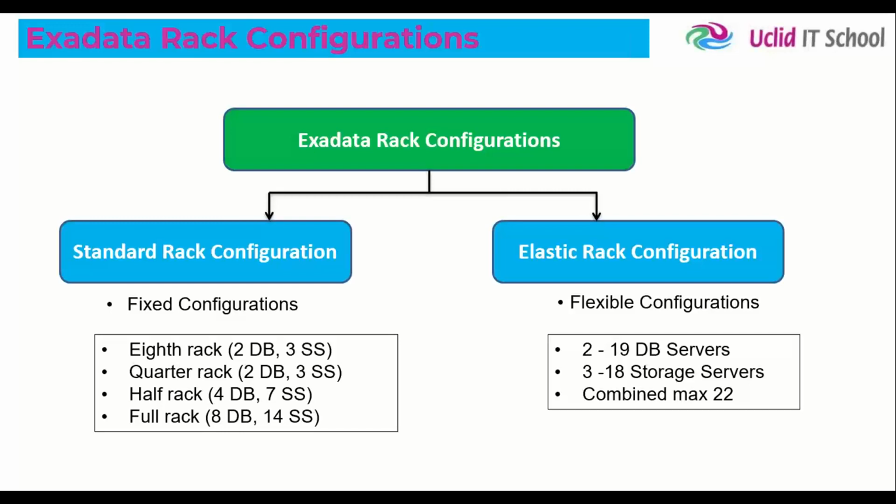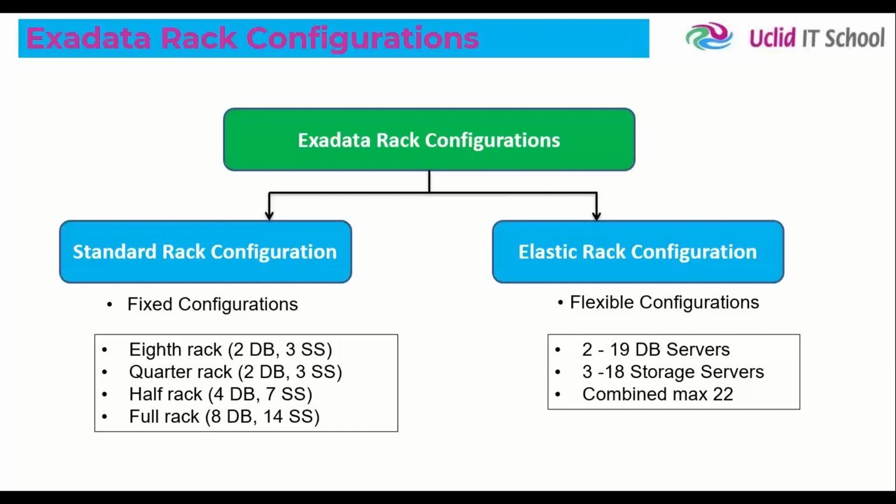Similarly, if quarter rack has say 500 terabyte of storage, 8th rack will have half of that, that is 250 terabyte storage. So otherwise, the number of servers are the same, but the actual difference is the capacity of the resources. 8th rack is half the capacity of quarter rack.